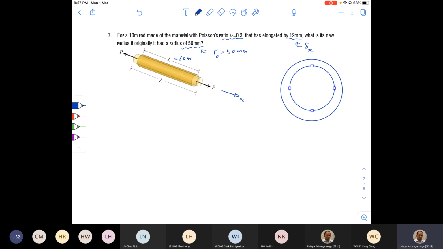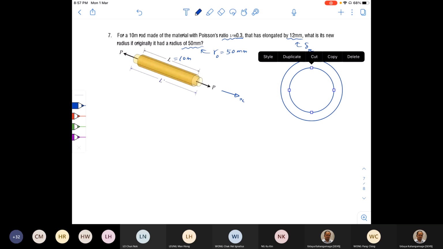Why does this become smaller? Because axial elongation always accompanies lateral direction contraction. As you stretch, there is going to be lateral contraction, so the diameter is going to be reduced.